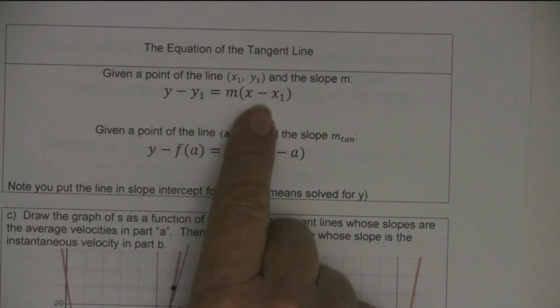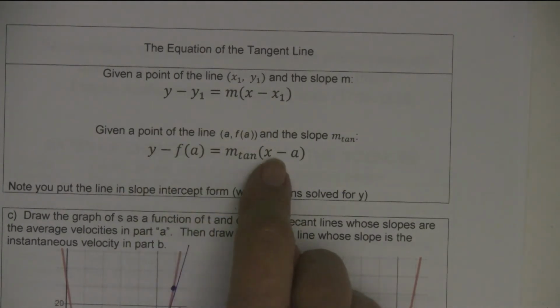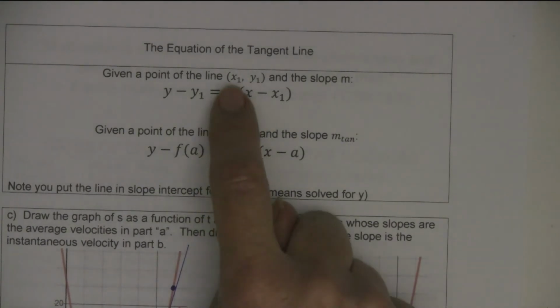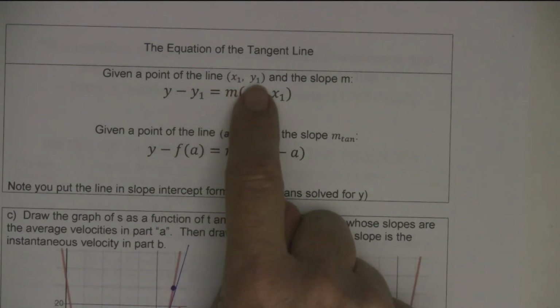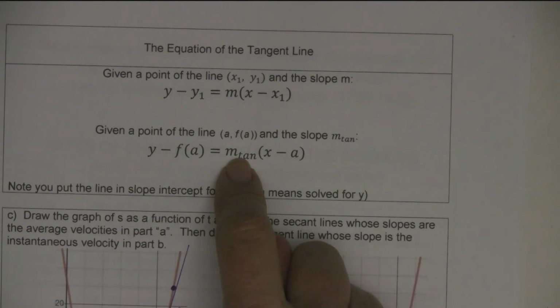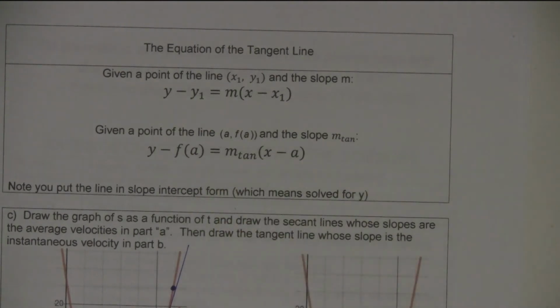What's different about calculus is they've got some fancier notation, but it's exactly the same. They call the point a, f of a, instead of calling it x1, y1, and they call the slope of the tangent line m. We're going to even see fancier notation for the slope of the tangent line.